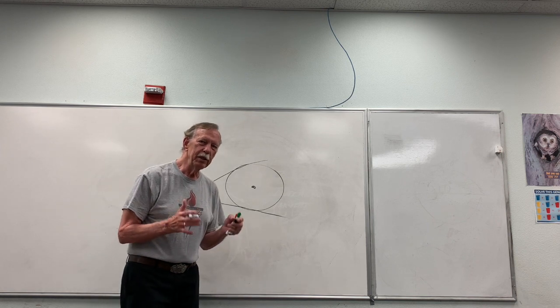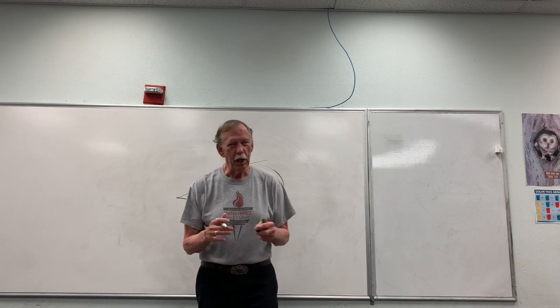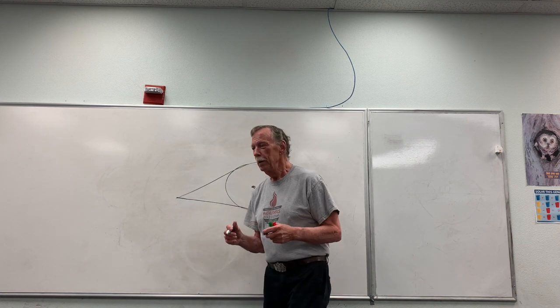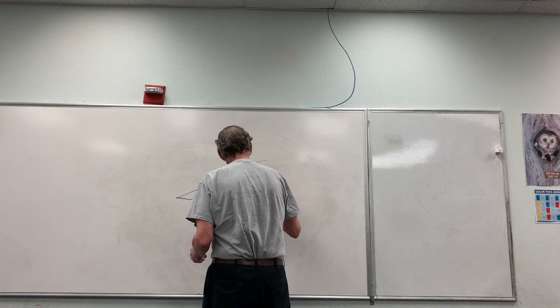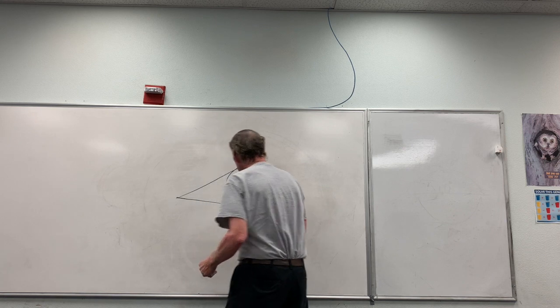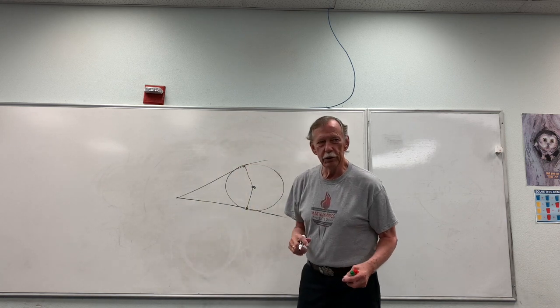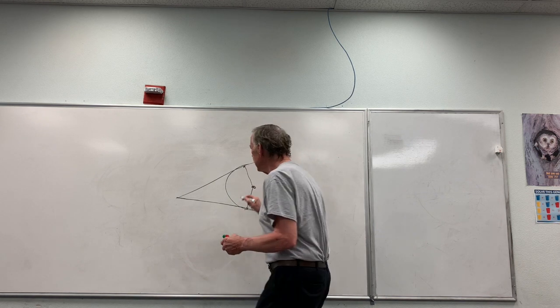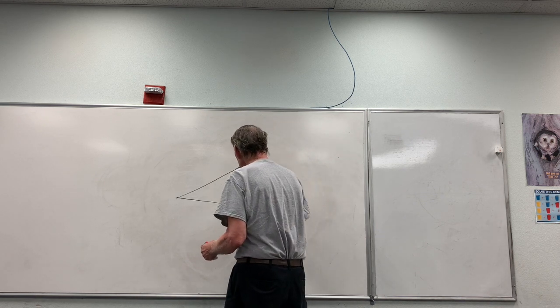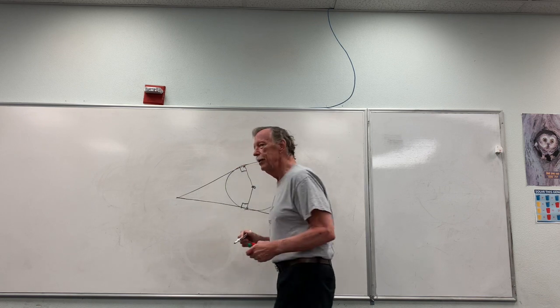Now, in order to figure this out, we're going to have to use a little bit of earlier geometry. A radius drawn to a tangent is perpendicular to that tangent at the point of tangency. So those are right angles.